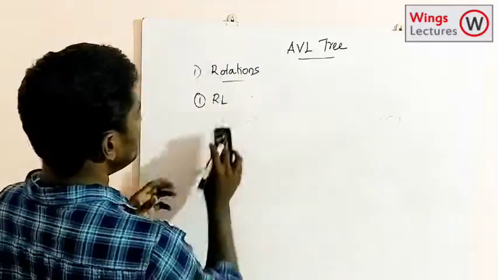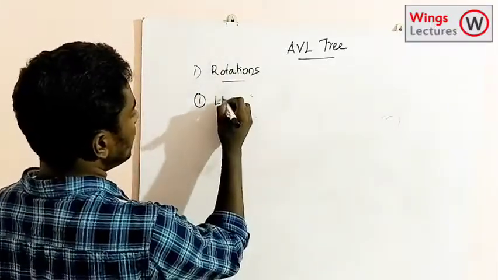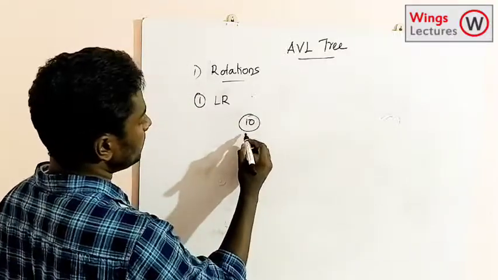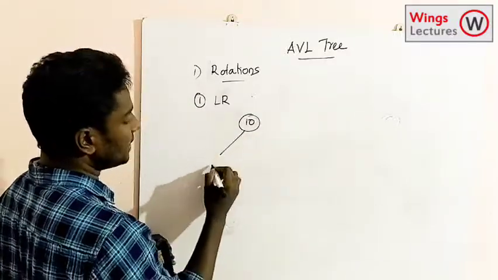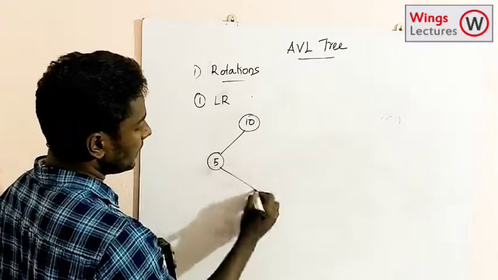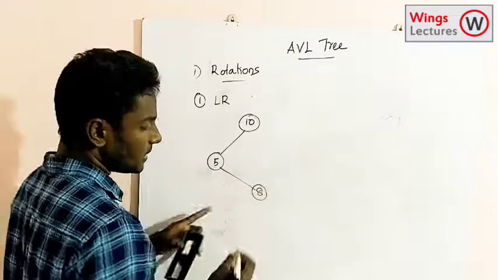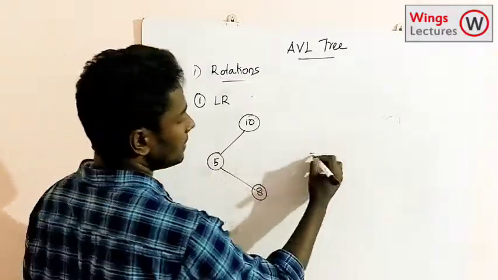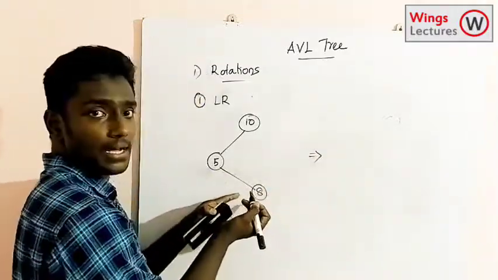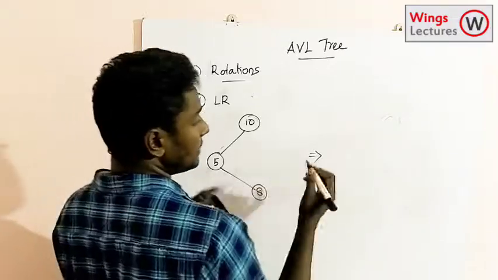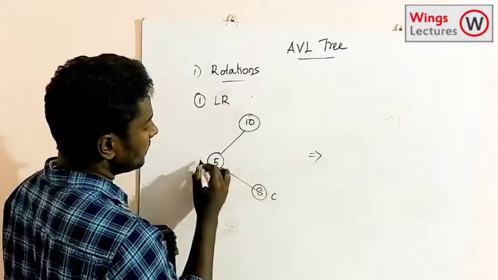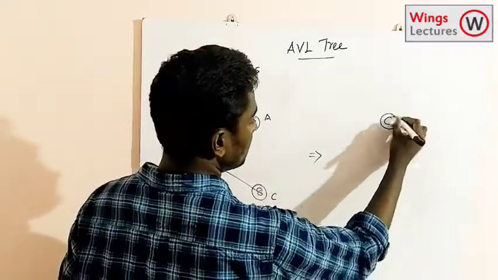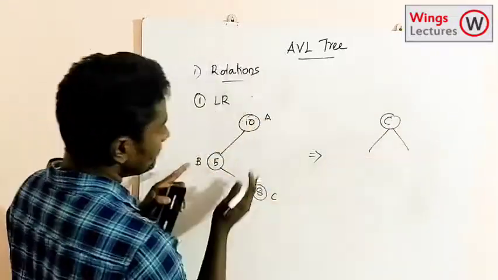Okay. So the last one is left right insertion. See, taking the example, first travel towards left side 5 and travel towards right side insert because 8 is greater than 5. In this case, same, you have to take 8, the last value. So I am keeping the values B, C, A, like that. C is going to become root node now.